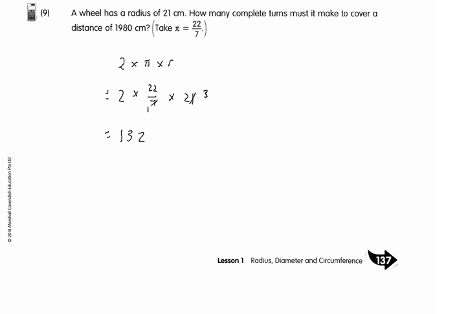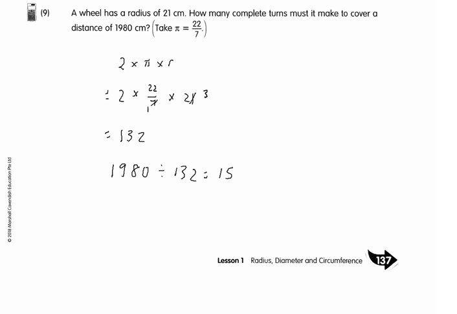But we need to know how many complete turns must it make to cover a distance of 1980 cm. So, Xue Wei, what must I do next? 1980 divided by 132. So, Xue Wei, what's the answer? 15.